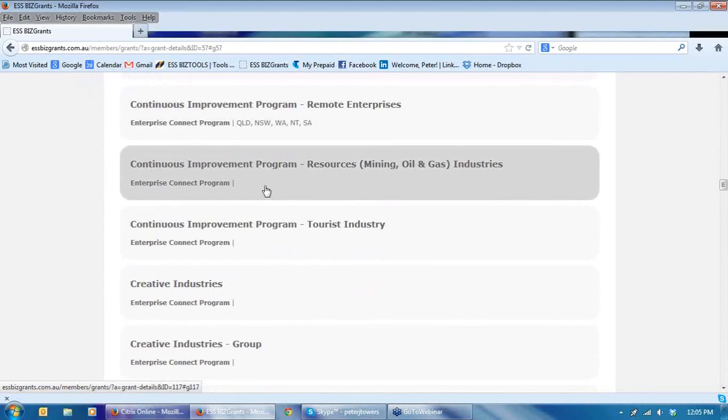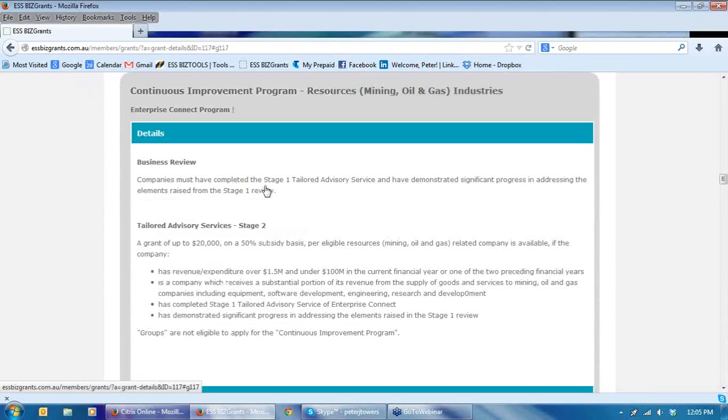Continuous Improvement Program is an Enterprise Connect grant. It's for people who have already participated in a tailored assistance program, which is the Enterprise Connect's first round of funding, if you like. A business can go back to Enterprise Connect within 12 months of completing the tailored assistance program and apply for some funding to undertake some further work.